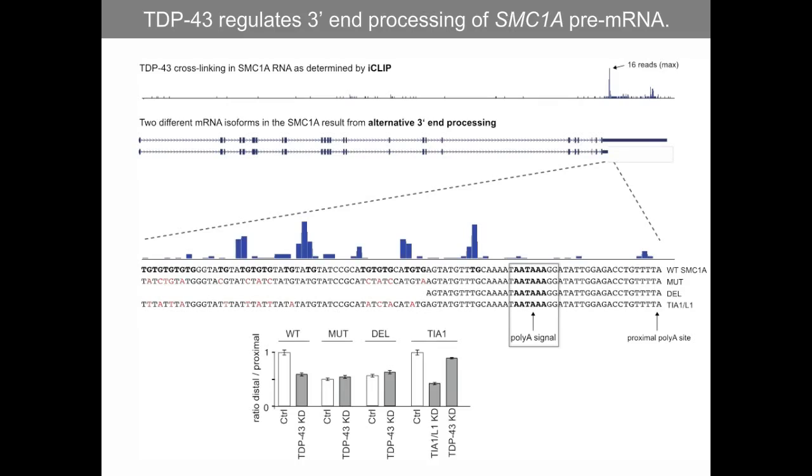And finally, we can actually see that this function of TDP43 can be replaced by another protein. So now we replaced the UG-rich sequences by U-rich sequences that tend to be bound by the TIA proteins. And indeed, we now see that once we do this replacement, then the TIA knockdown will promote the production of the proximal isoform, and TDP43 does not regulate this site anymore.